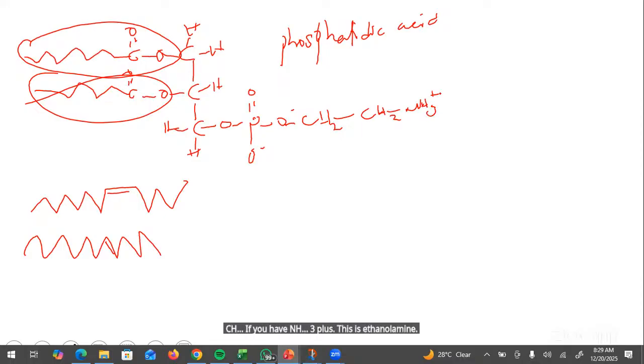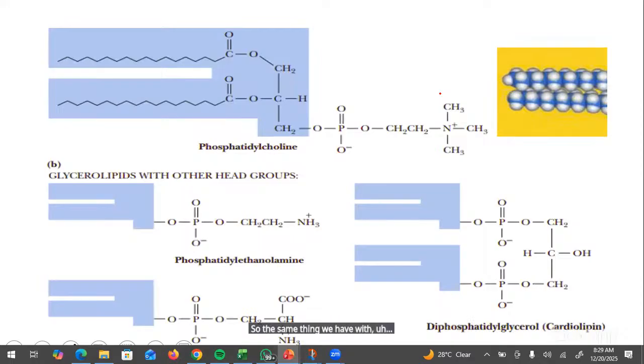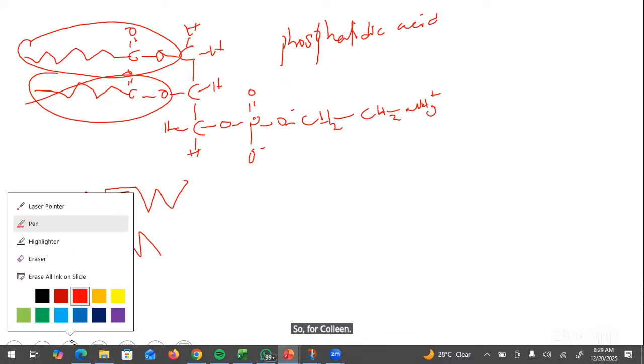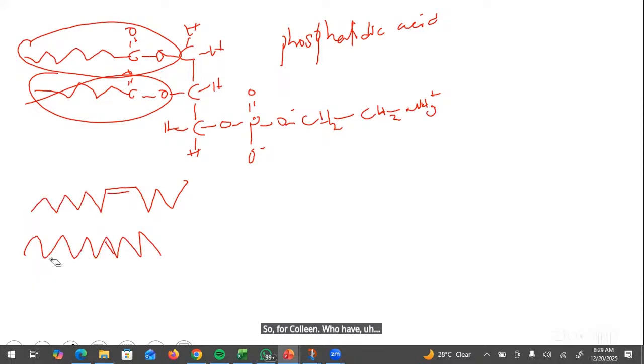So the same thing we have with this ethanolamine, we have with choline. For choline, we have almost the same thing. For choline, we now have N plus, then we have bracket CH3, 3.